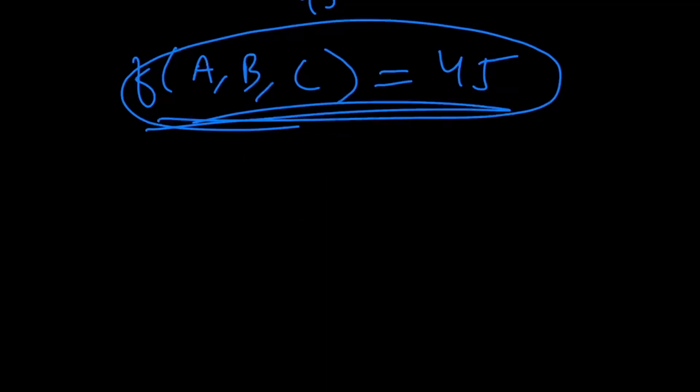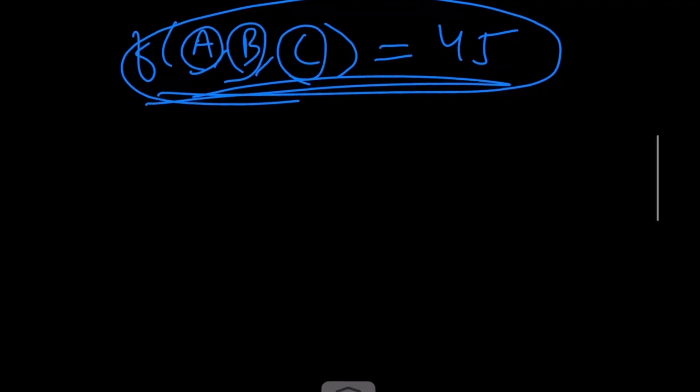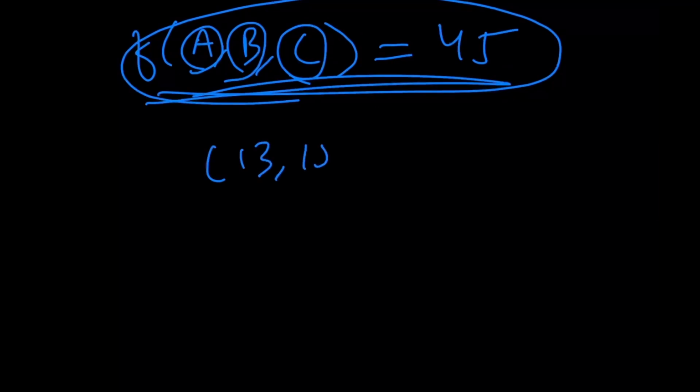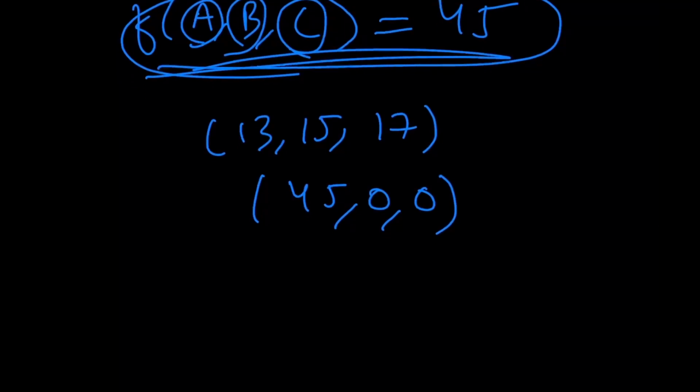So basically, if we can find an expression in terms of a, comma b, comma c that remains the same after any transition and has different values for the state 13, comma 15, comma 17 and 45, comma 0, comma 0... What I'm trying to say is, let's say I define a property f dash over a, comma b, comma c.